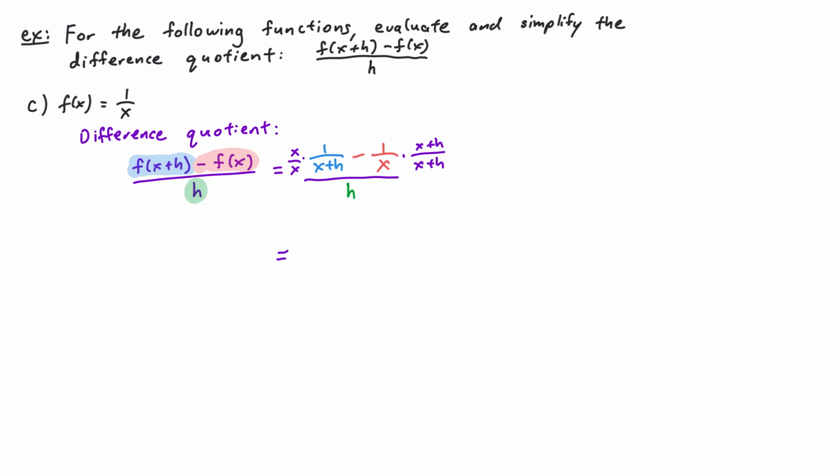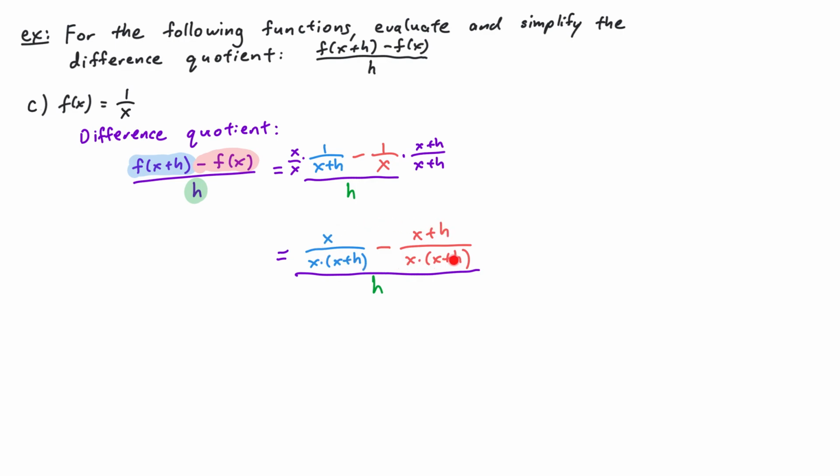So for our first fraction, multiplying the top and the bottom by x, we have x divided by x times x plus h minus, in our second fraction, we multiply both the top and the bottom by x plus h, so we have x plus h divided by x times x plus h. And all of this is still divided by h.